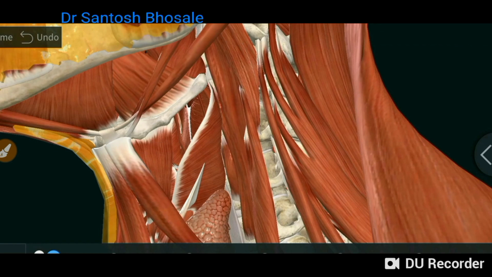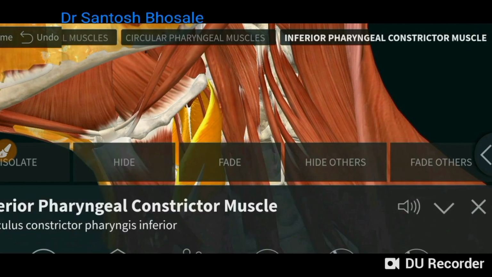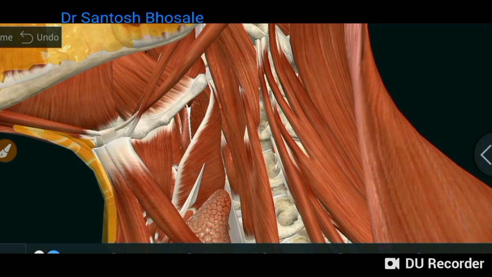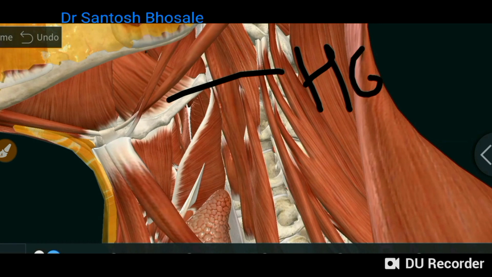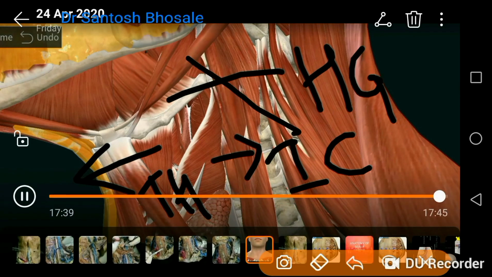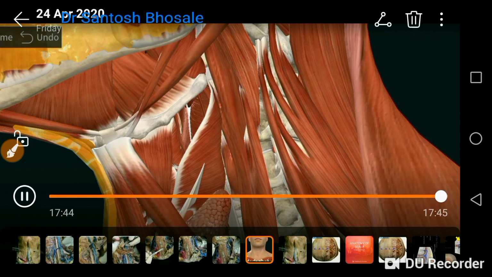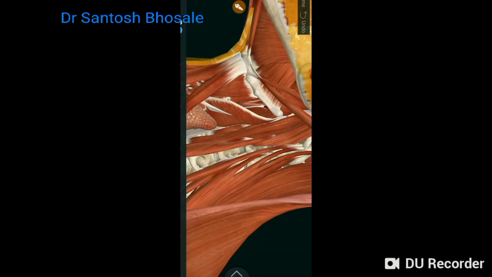That is not a content of carotid, we are not discussing here. And as you go there, prevertebral muscles, remember three muscles are important: thyrohyoid, hyoglossus, and middle and inferior constrictor. You can see that is hyoglossus, thyrohyoid, and this one is inferior constrictor, and here you will see the middle constrictor muscle. So four muscles form the floor of the carotid triangle.